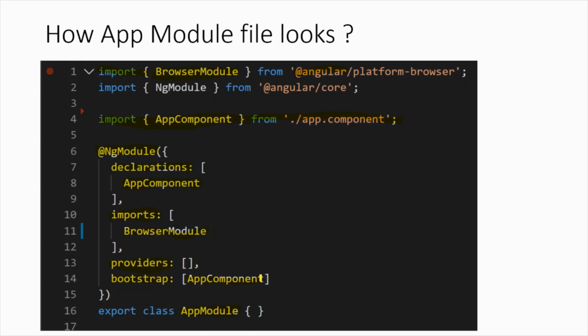Because we are telling this app module that your root component is app component. So whenever our application calls this app module, this app component will be called first. It means that we are bootstrapping this app component whenever the browser calls this app module.